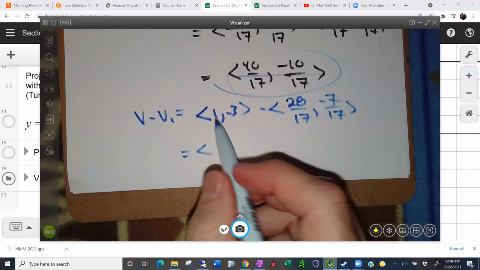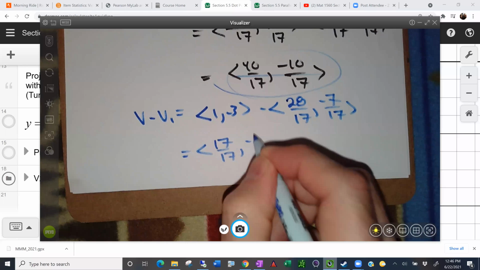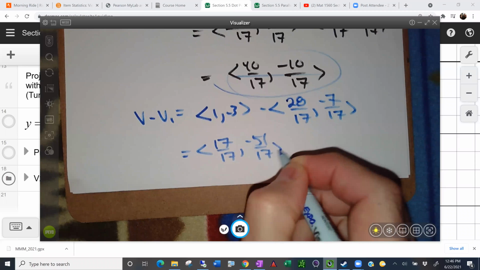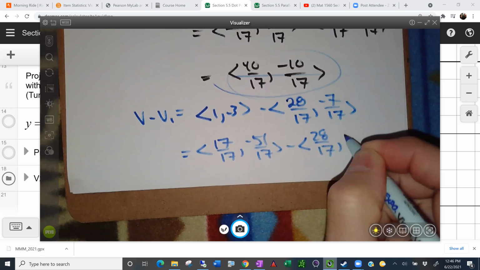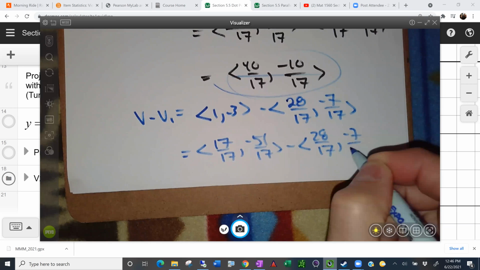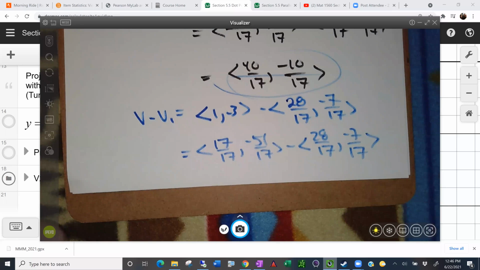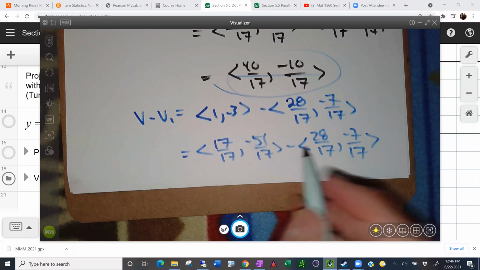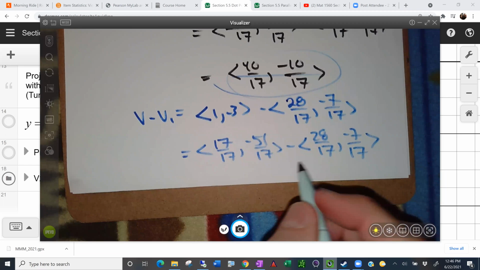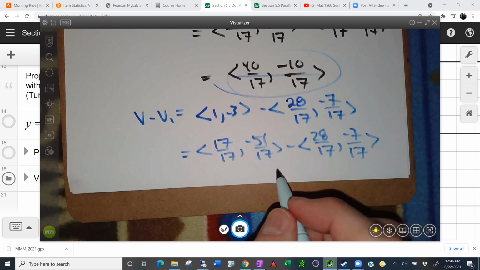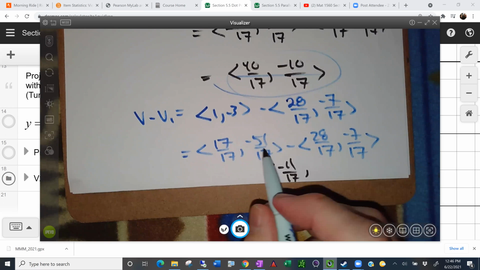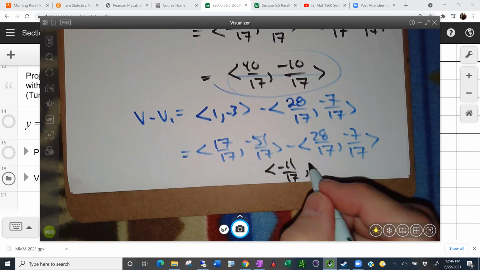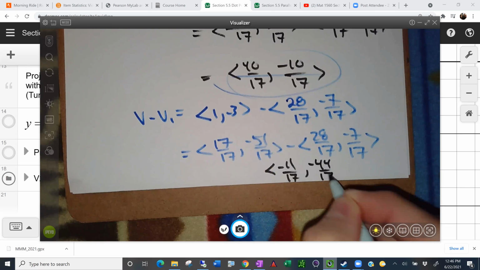Write that as 17 over 17 minus 51 over 17. So that's going to be -11 and -44 over 17. -11 over 17, and you're adding 7 there, so it'll be -44 over 17.